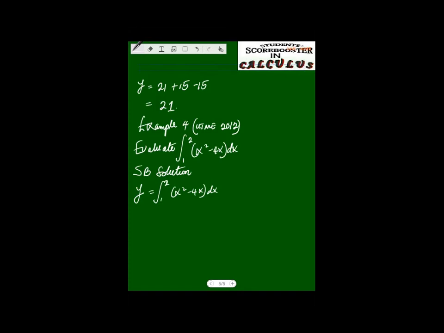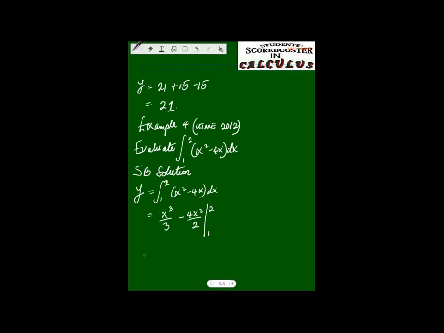So instead of writing y1, y2, y3, I will assume that now you can handle integration of polynomial. So I will just integrate each of the terms one after the other. This means I'm going to have x raised to power 3 over 3 minus 4 x squared over 2, from 1 to 2, right?